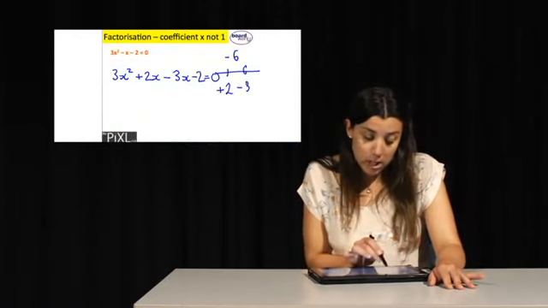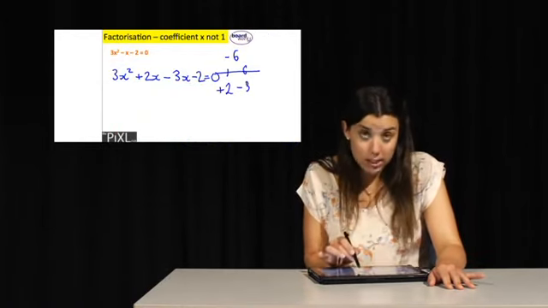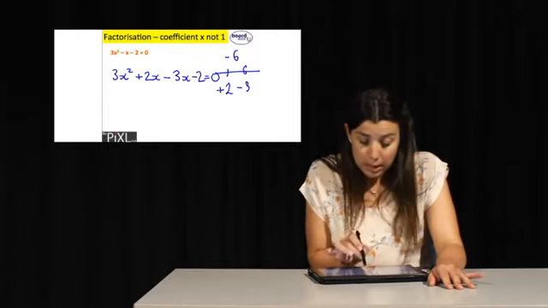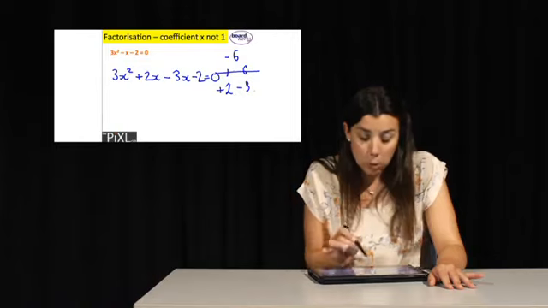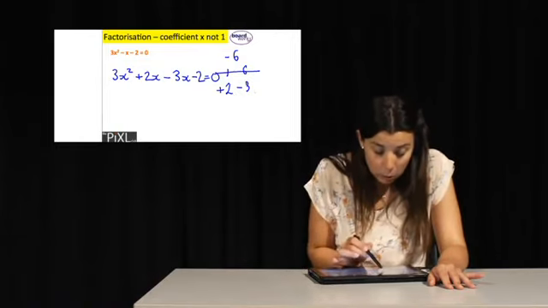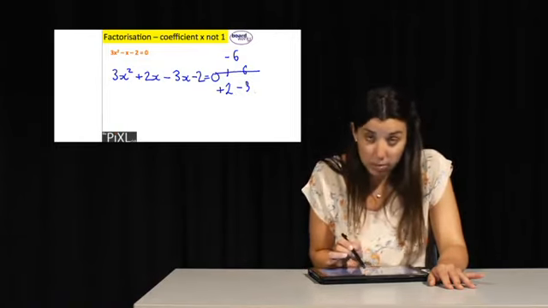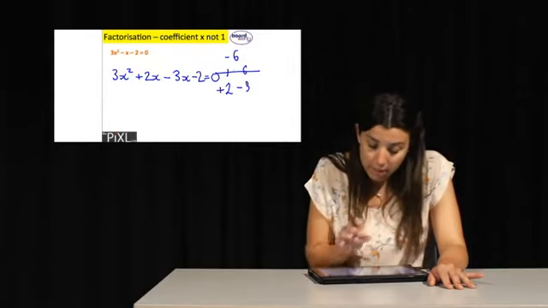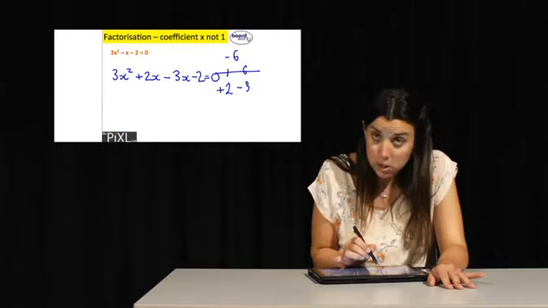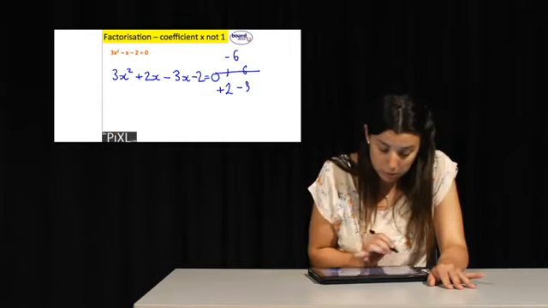So what we've done there, our first term stays the same, 3x squared. Our last term stays the same, negative 2. In the middle here, instead of thinking it as our 2 and our 3, we've actually replaced this with positive 2x, take away 3x, which is the same as negative x. We can then factorise separately the first two terms and the second two terms.